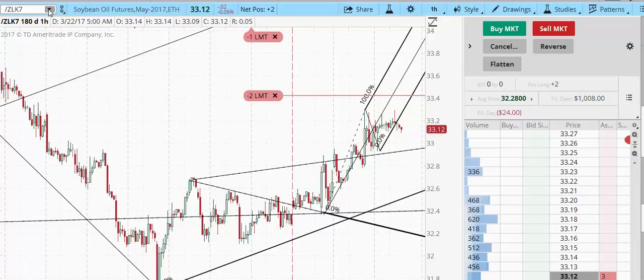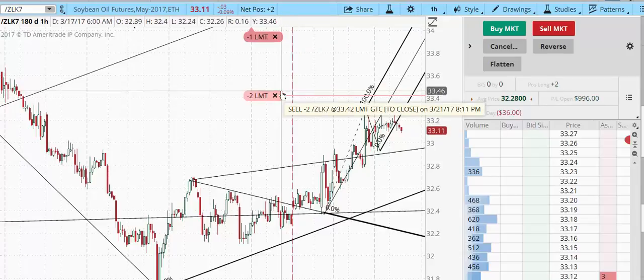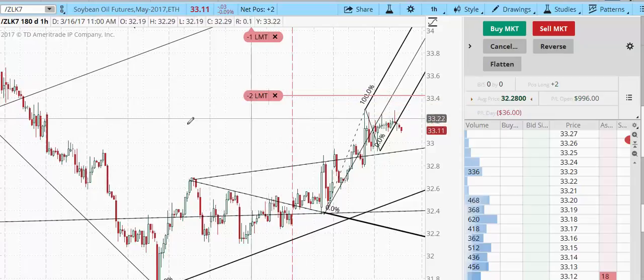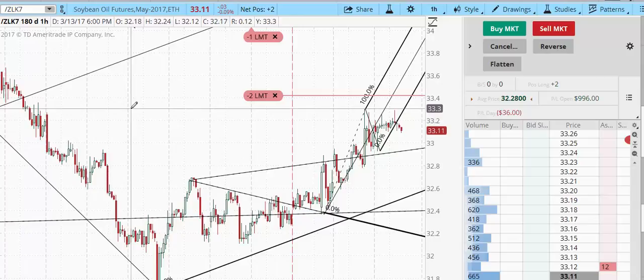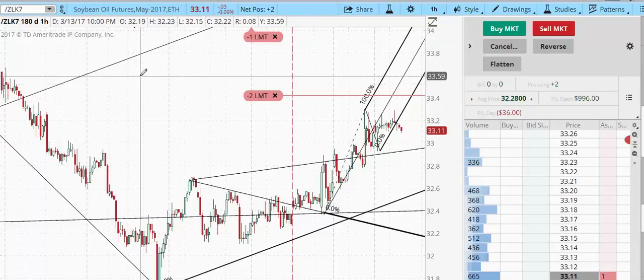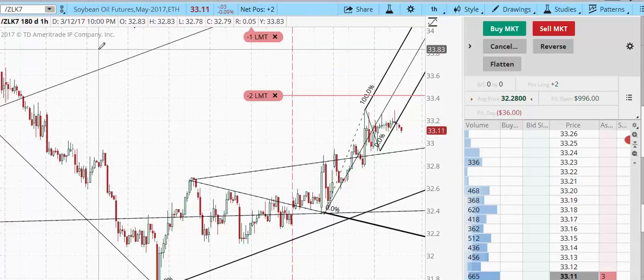For example, with the soybean oil futures, like here, notice I have +2, so that's 2 positions on per unit. In this account I'm just trading 1 unit because it's easier for me to see, and in my other accounts, which I don't show you all the time, I might be trading more than one unit.